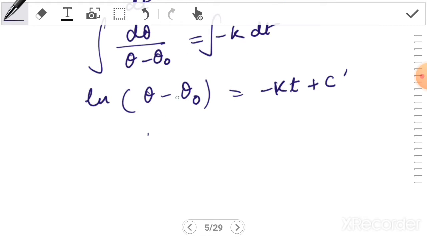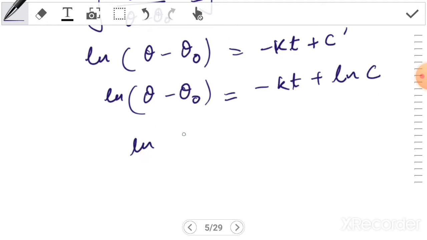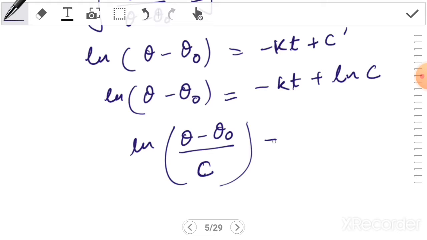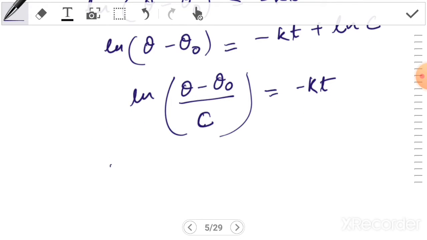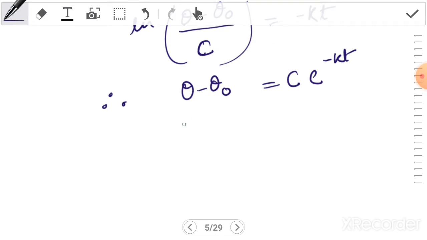Now taking antilog on both sides, θ minus θ0 is equal to e^(-kt) times c. Now θ is equal to θ0 plus c times e^(-kt).